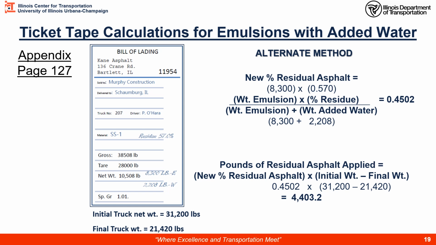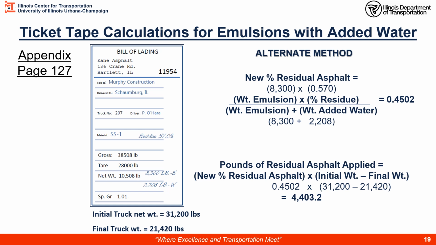And then the denominator of this equation is going to have all the material that's supplied, which is the emulsion plus the water. And that comes out to be 0.4502, or just a little over 45% residual residue in this new emulsion. So that's the value we need for our next calculation.